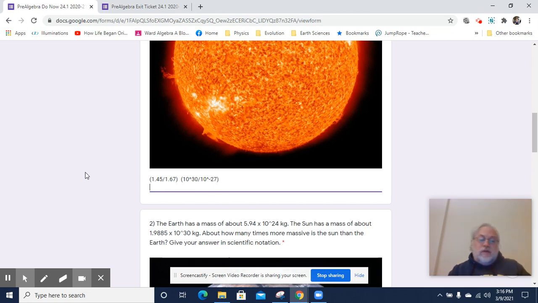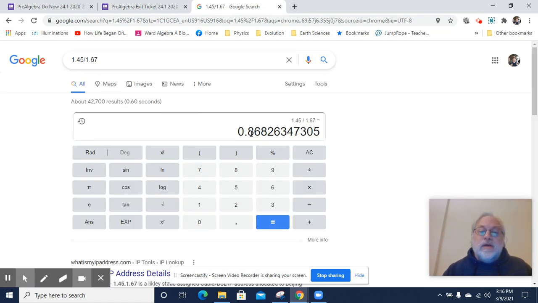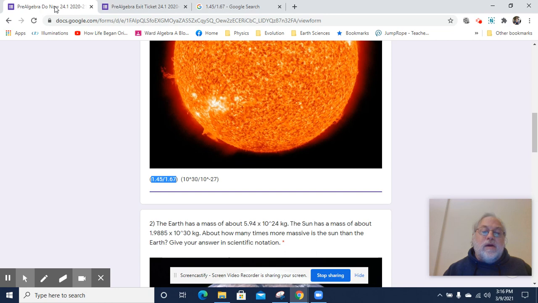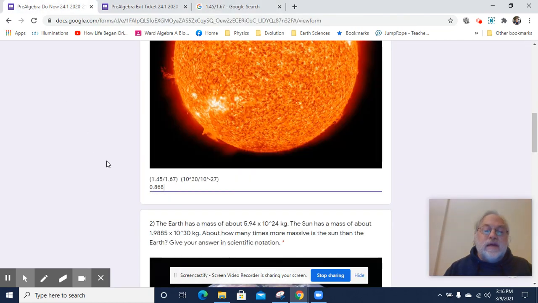And now I'm going to work out what's 1.45 divided by 1.67. I'm going to cheat and use the Google calculator real quick so I can get the answer really quickly. So we get 0.8682. I'm going to round that to 0.868.